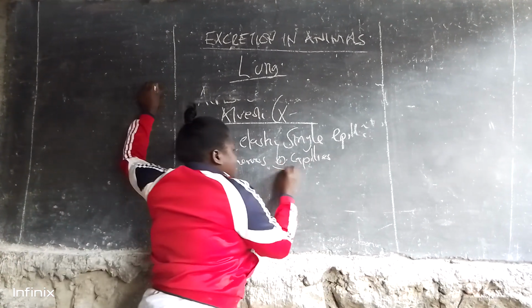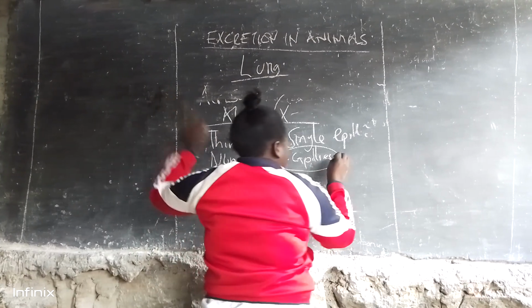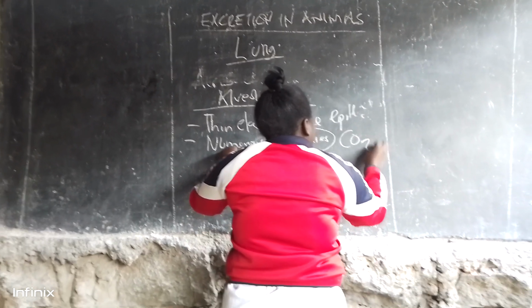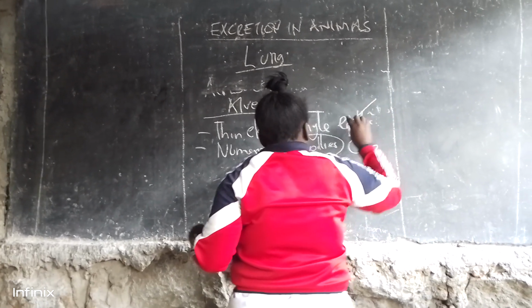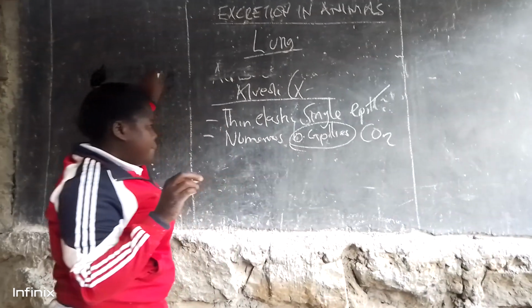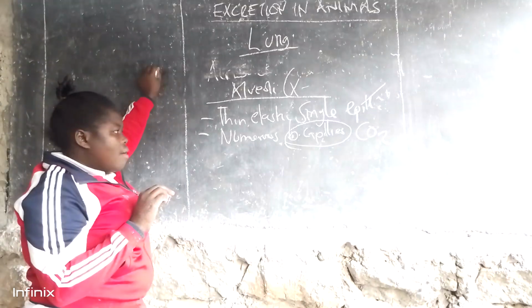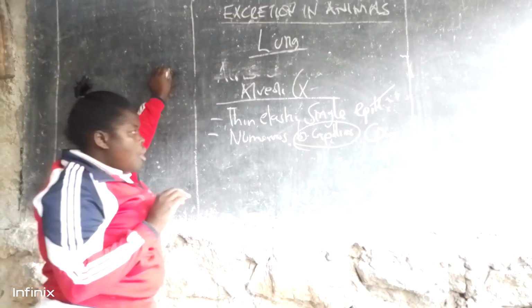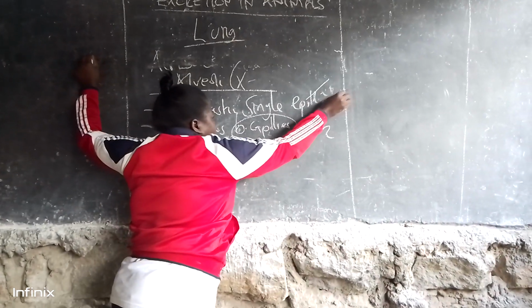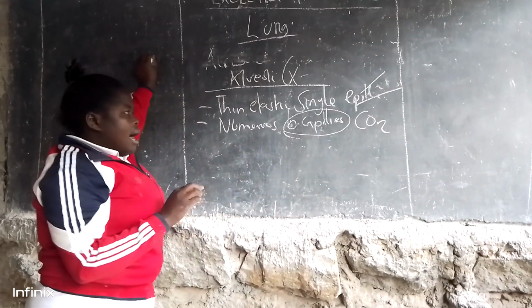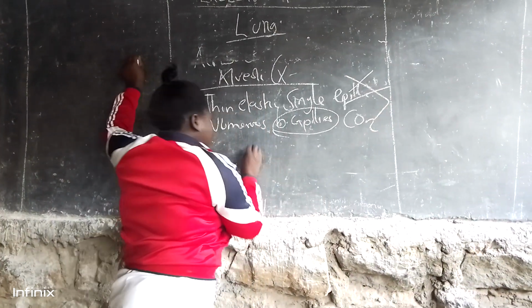The blood capillaries contain a high concentration of CO2 as compared to whatever is in the epithelium. So in the blood capillaries below the epithelium, we have a high concentration of CO2, as compared to the inside. And this will cause what we call a concentration gradient.